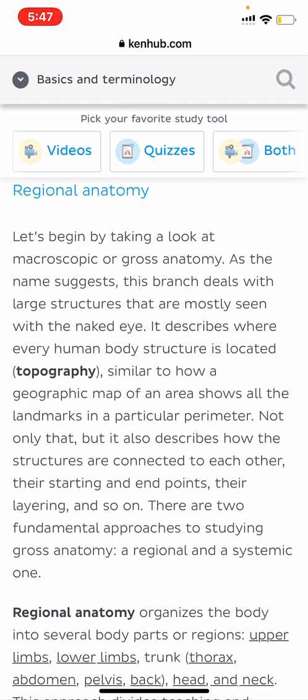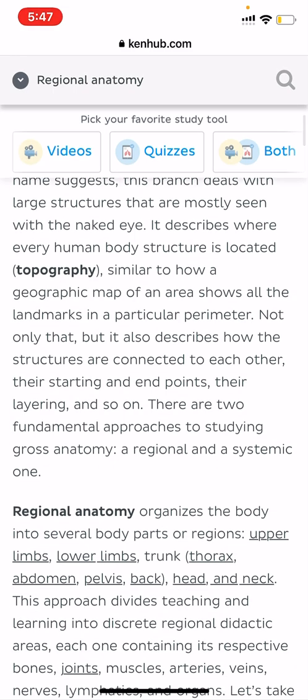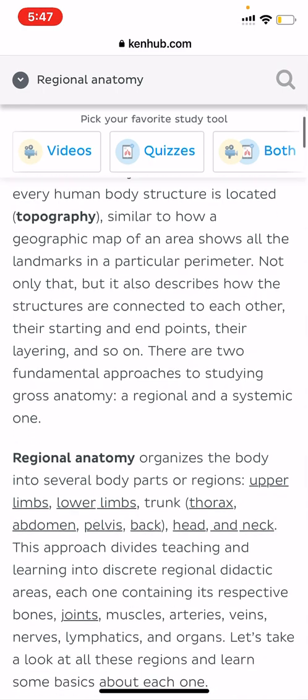Not only that, but it also describes how structures are connected to each other, their starting and end points, their layering, and so on. There are two fundamental approaches to studying gross anatomy, a regional and a systemic one.